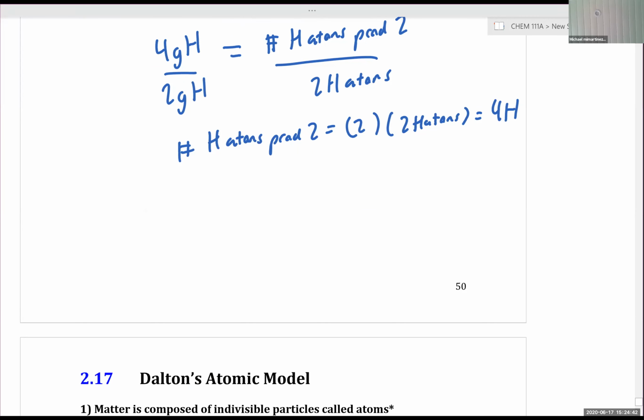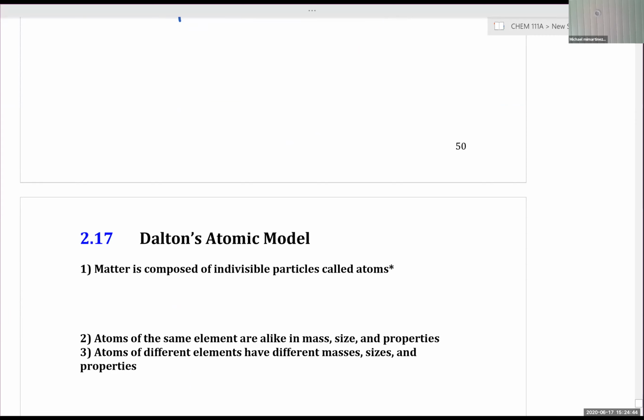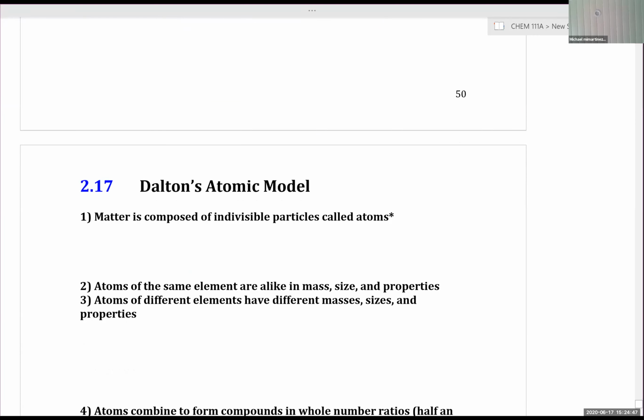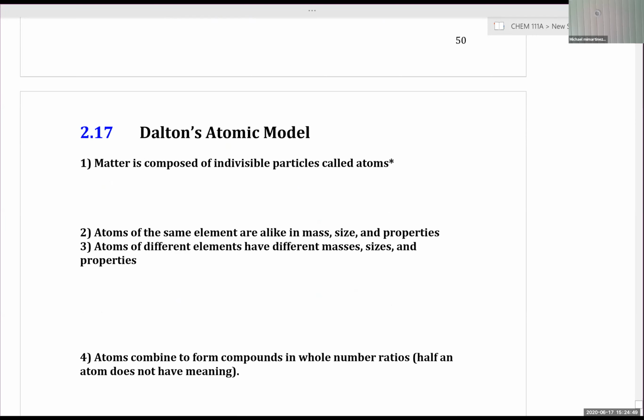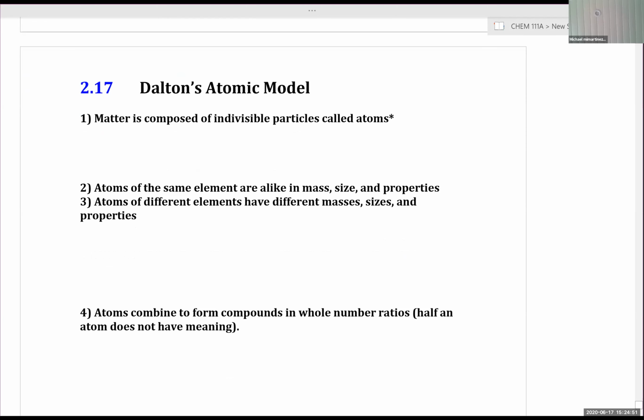We're almost finished with this chapter. We can summarize all of our discussion of atomic structure and reactivity into Dalton's atomic model, which states matter is composed of indivisible particles called atoms. So if we look at bulk matter, we can break it down into indivisible particles called atoms.